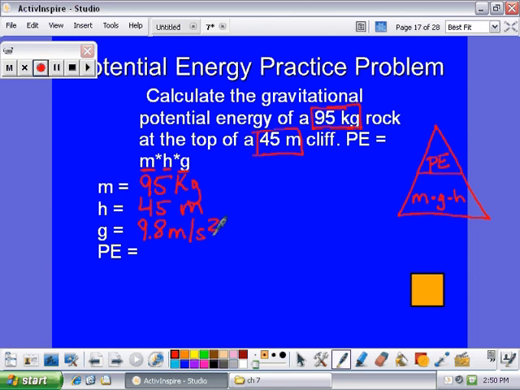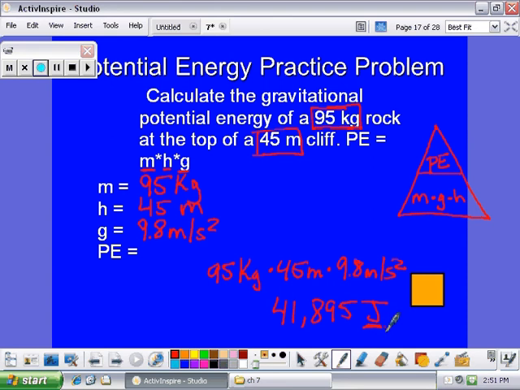So you plug it into the equation and you multiply 95 kilograms times 45 meters times 9.8 meters per second squared, and you get the answer of 41,895 in joules, because we are using units of energy. So that is our answer.